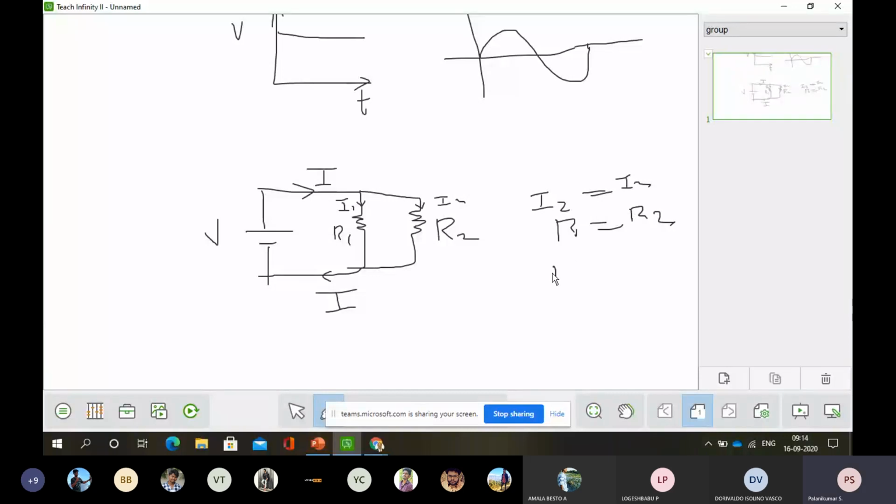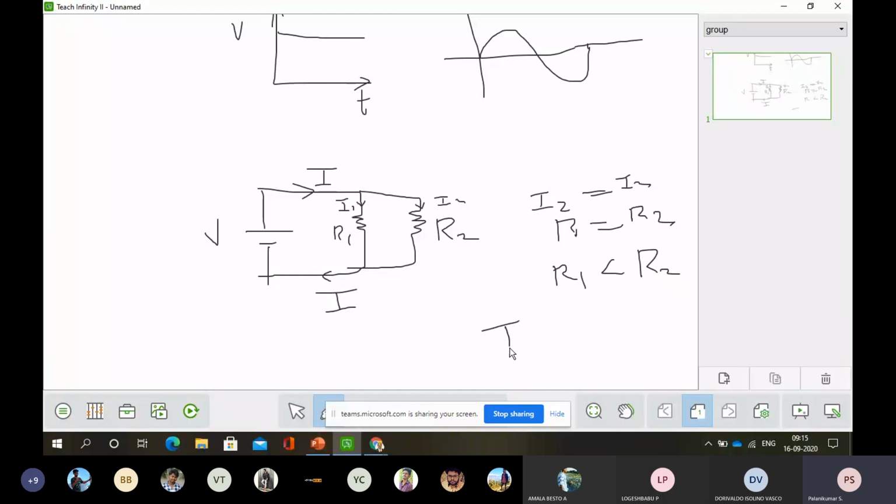Suppose R1 is less than R2. Automatically what will happen? R1 is less than R2 means it is offering a lower resistance for the flow of current compared to the high resistance.